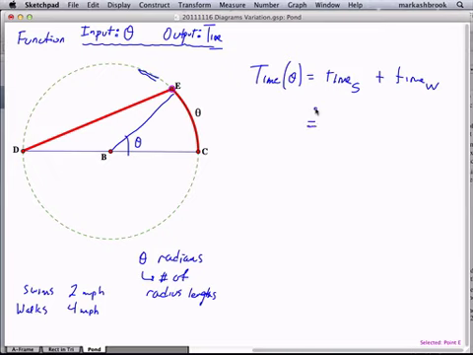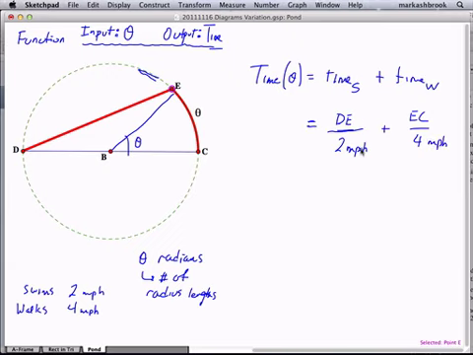So I think you were talking about how we are going to calculate time in general. Well, it's the distance from D to E over the rate, which is 2 miles per hour. So DE over 2 miles per hour, plus EC over 4.